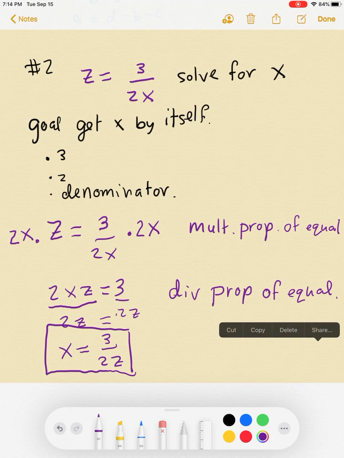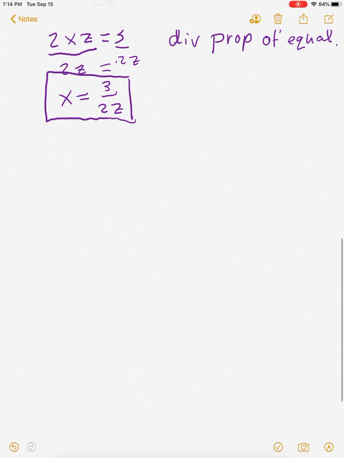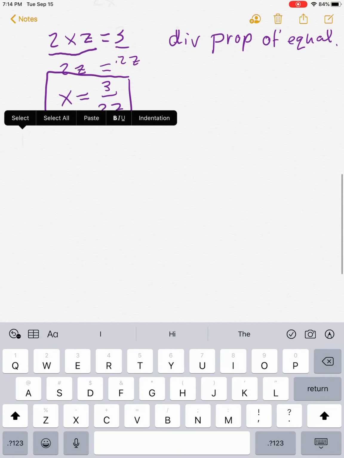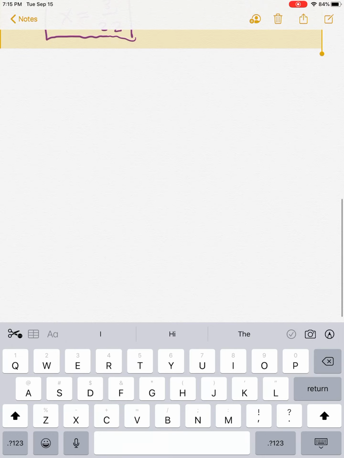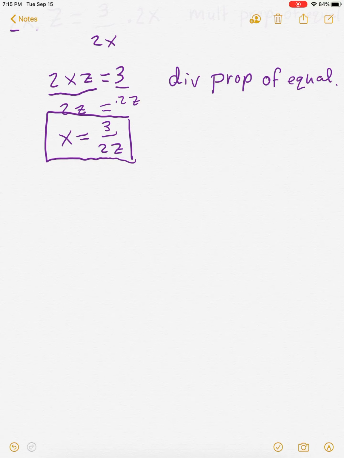We'll try one more example problem. Maybe, if it'll cooperate. No, I don't want to select that. There we go. We're going to do number 6. Now, number 6 is the trickiest problem on the whole homework.